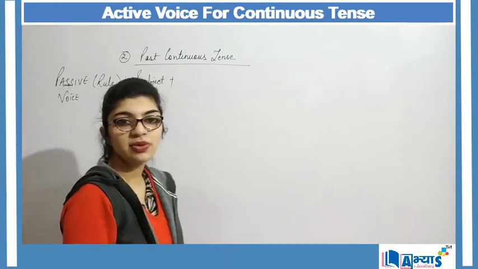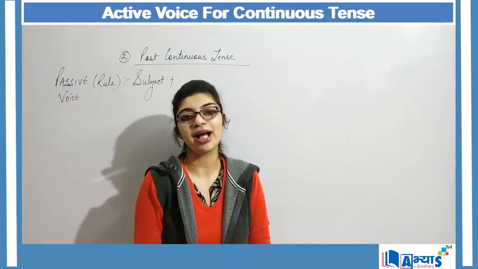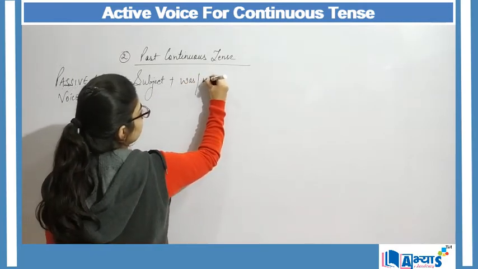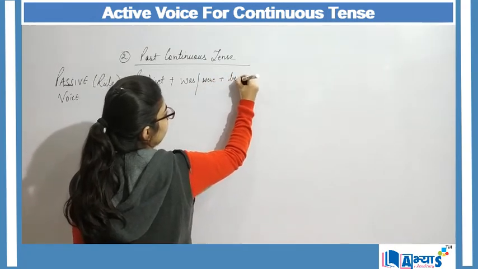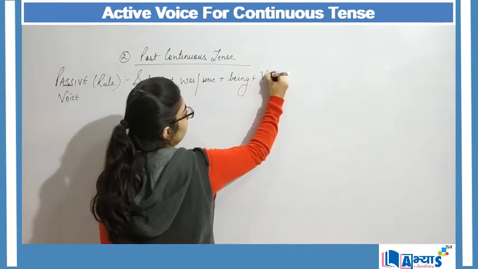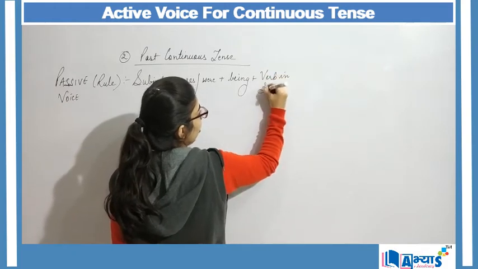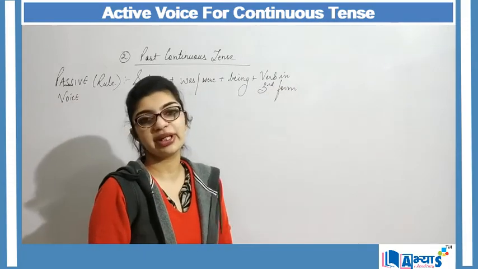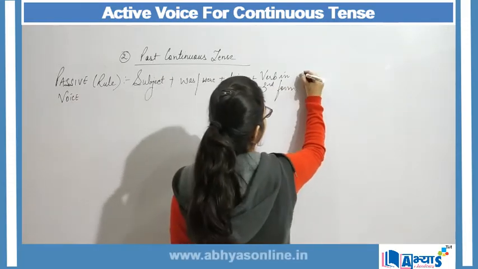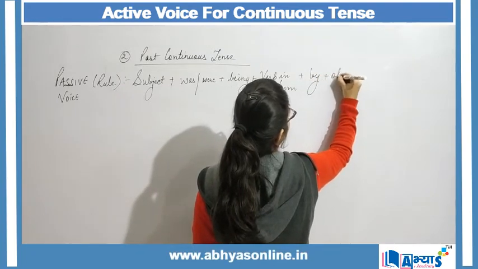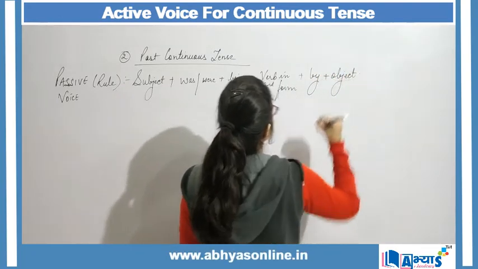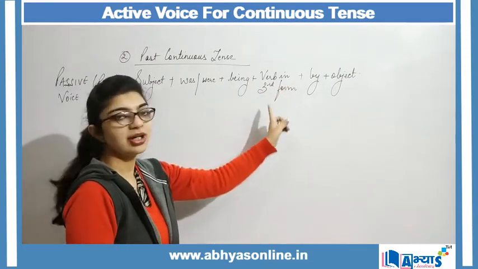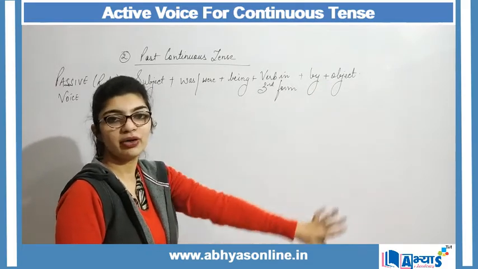Now for present tense we make use of is, am, are, and for past I will be making use of was or were, plus being, plus my verb in third form, because I have always said that for passive voice the verb will always be in third form, plus by and my object. Clear? Subject plus was or were plus being, my verb in third form, by, and my object.